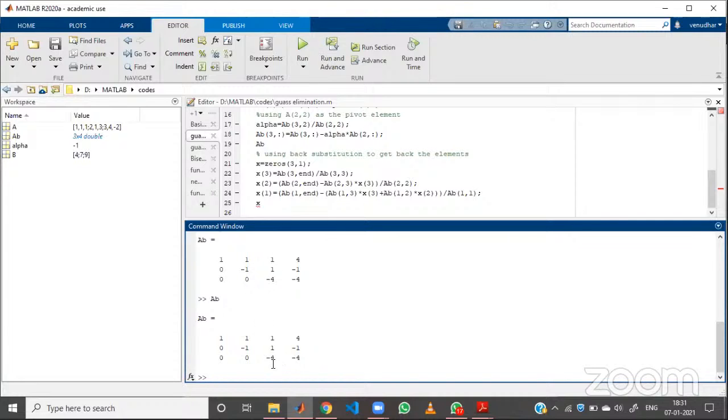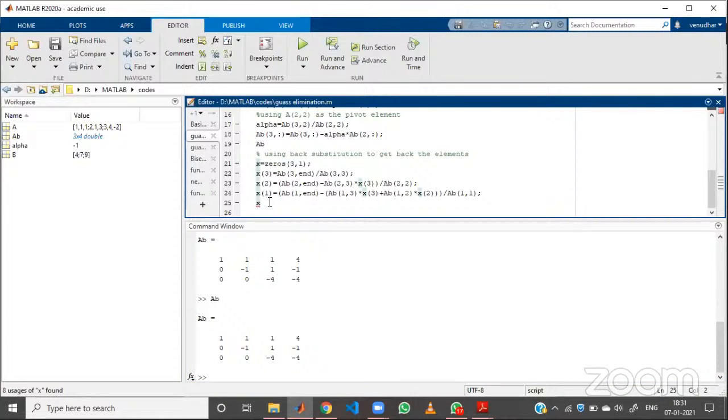So just see here. Let me write somewhere what the equation AB means. The equation means simply x1 plus x2 plus x3 equals 4.